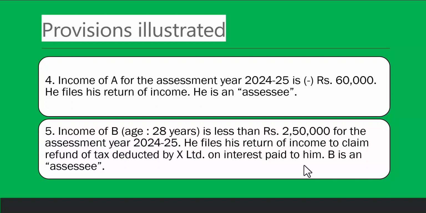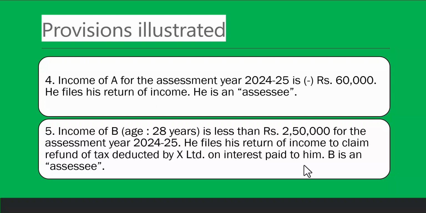Just to explain again, there are certain people whose income is less than 2,50,000, but they have interest income. They have deposited some money in a fixed deposit with a bank like ICICI Bank or HDFC Bank. If their interest income is beyond a certain threshold limit, then the banks are supposed to deduct income tax at source, which is normally 10% of whatever income you earn.